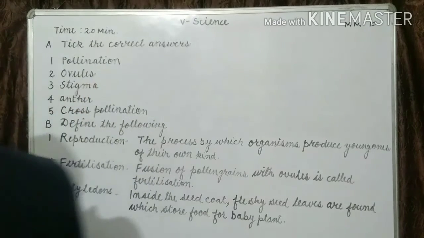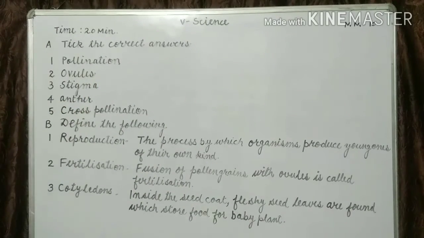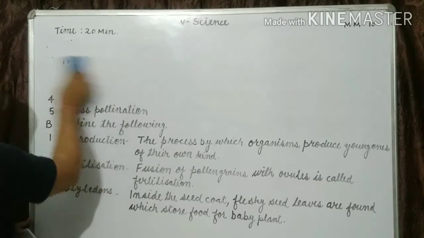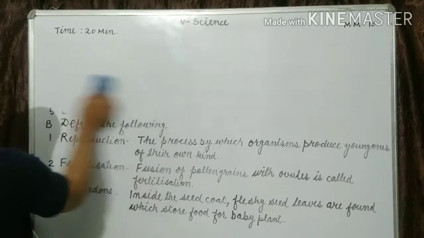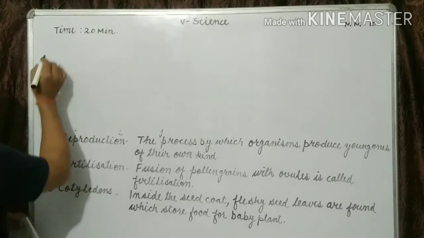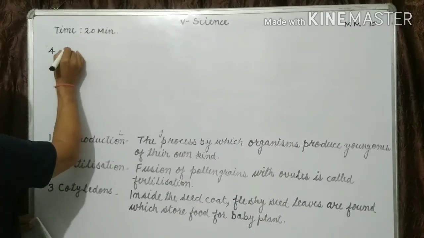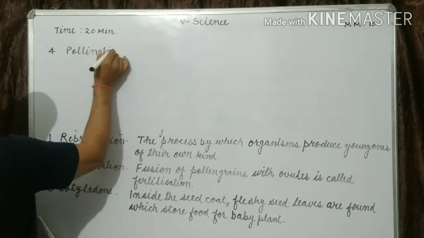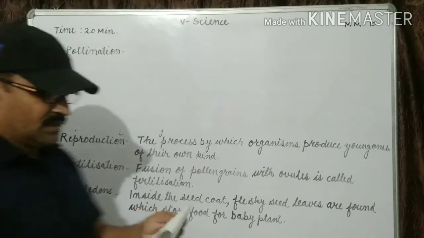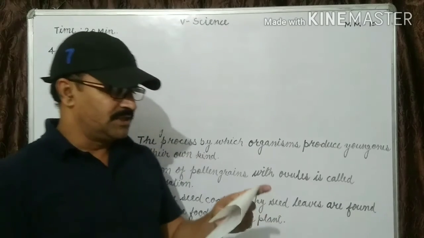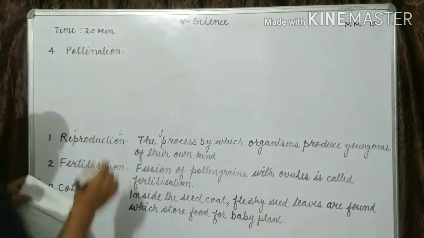Next is fourth, pollination. Transfer of pollen grains from anther to the stigma of a flower is called pollination.